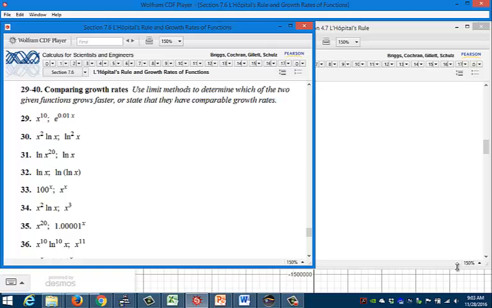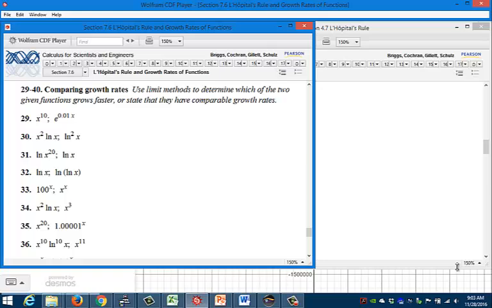Here it says, which of the two functions grows faster? Or state that they have comparable growth rates. So I'm going to try number 34. We have x squared times the natural log of x, and we have x cubed. I think I'm going to use Desmos here to help while we're at it.